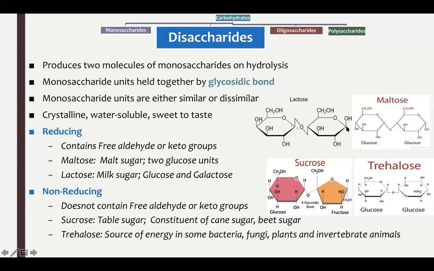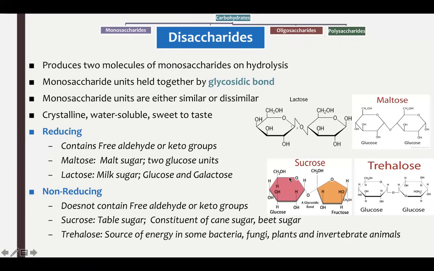In the anomeric carbon, it has a free hydroxyl group, and this is called the free aldehyde group. And if it contains a free keto group, then it is also a reducing sugar. So lactose, maltose, trehalose are all reducing sugars. Maltose is called malt sugar because it is found in malt. Lactose is called milk sugar as it is found in milk.